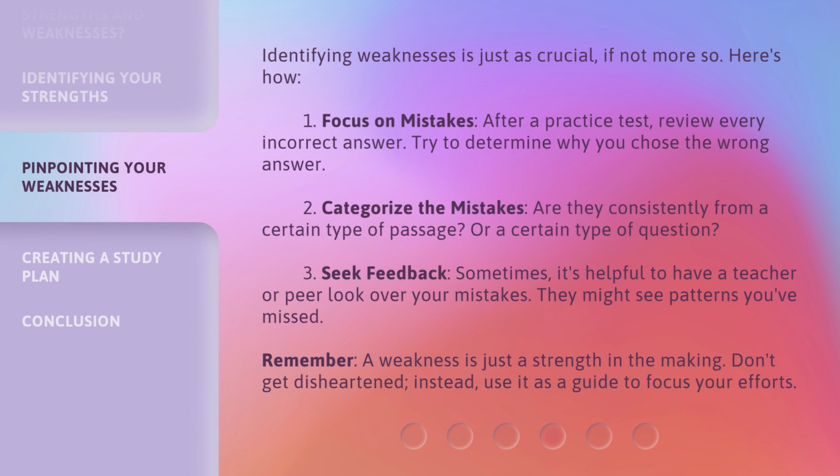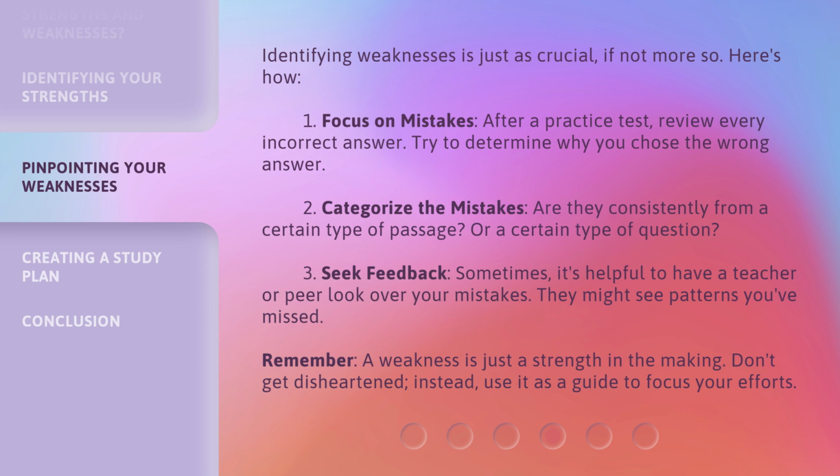Identifying weaknesses is just as crucial, if not more so. Here's how. 1. Focus on mistakes. After a practice test, review every incorrect answer. Try to determine why you chose the wrong answer. 2. Categorize the mistakes. Are they consistently from a certain type of passage?